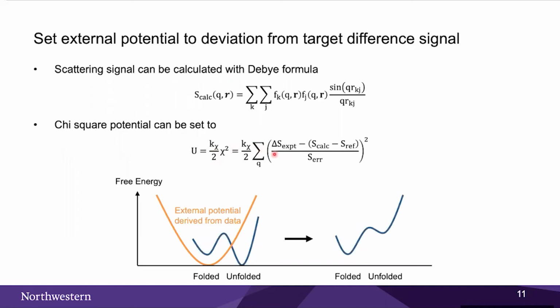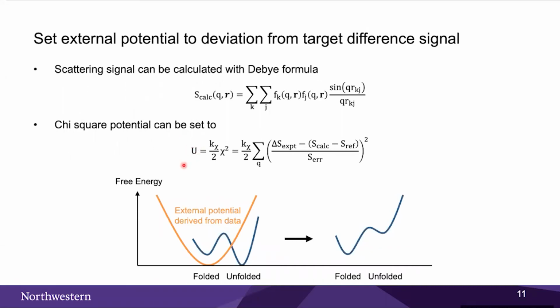And on the right, you see the expression looks like this: you supply the experimental difference. You then calculate the deviation of the calculated difference from the experimental difference, and then you weight that by the standard error or standard deviation of the measurement, and then you sum that, and you then get this potential.